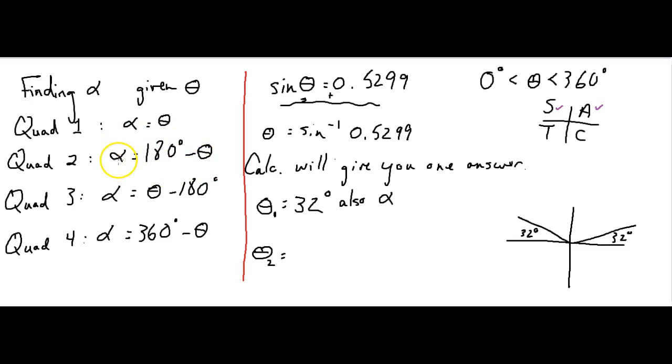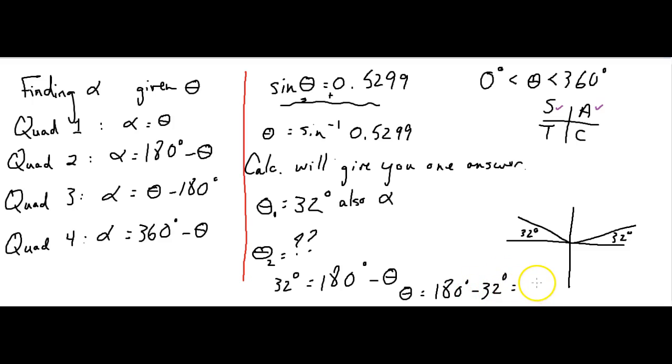We know alpha over here, 32 degrees, and so we would say that 32 degrees, our alpha, is equal to 180 degrees minus theta. Rearrange this equation, and it becomes theta equals 180 minus 32, which is equal to 148. So 148 and 32 are the two angles theta that satisfy this equation.